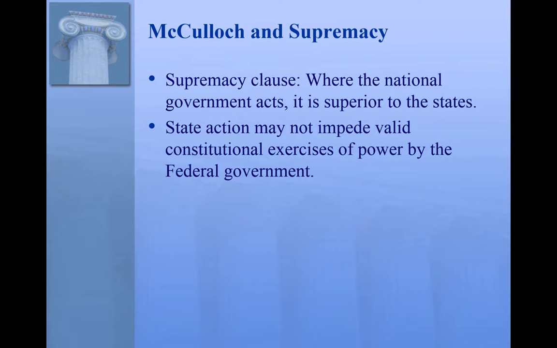Think about it. If he didn't make this decision, then the people of the state of Maryland could act in any way they wanted to frustrate the will of the rest of the people of the United States. So which people is supreme? The people who create a state, or all of the people of the United States who create the national government? He says all of the people.